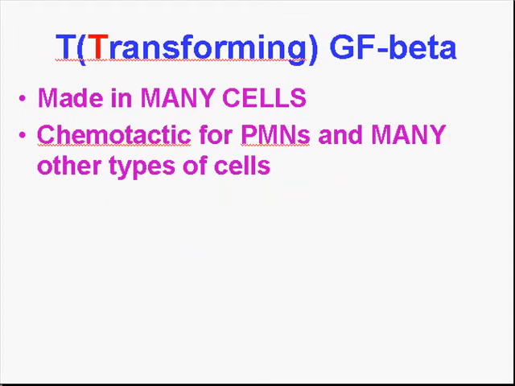Here's transforming growth factor beta as opposed to alpha. It's made by many cells, and the beta transforming growth factor is chemotactic for polys, or PMNs, or neutrophils, and many other types of cells. So in that sense, could this cytokine also be regarded as a chemokine? Probably could.